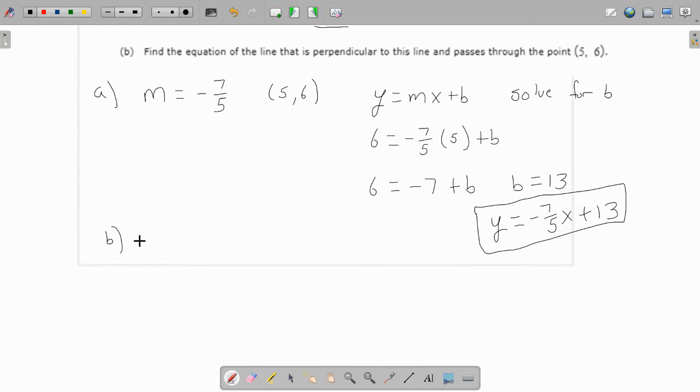Part B. So your slope, because it's perpendicular, you have to do the opposite reciprocal. So the negative turns positive and you flip the fraction. And the point, once again, is 5, 6.